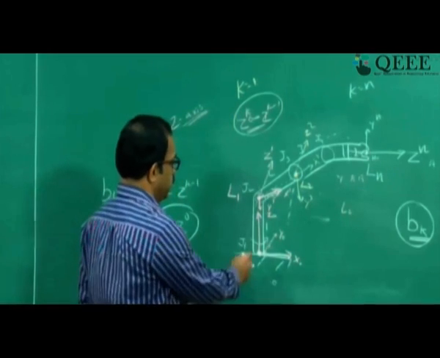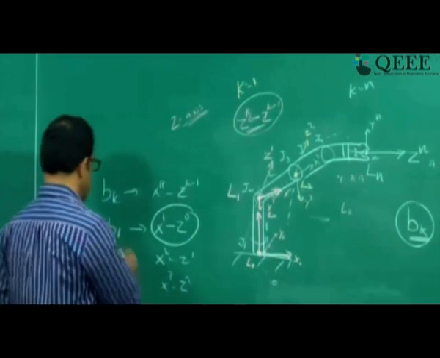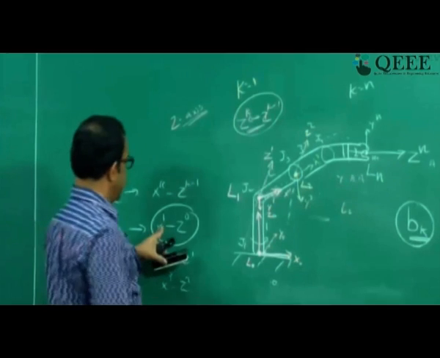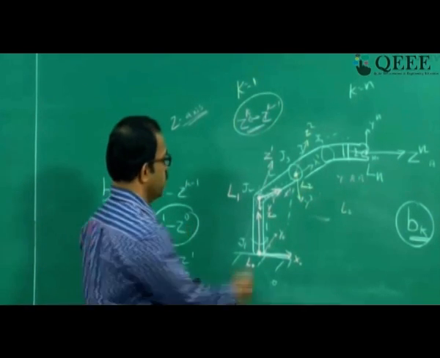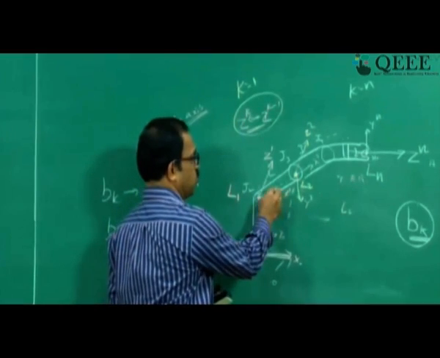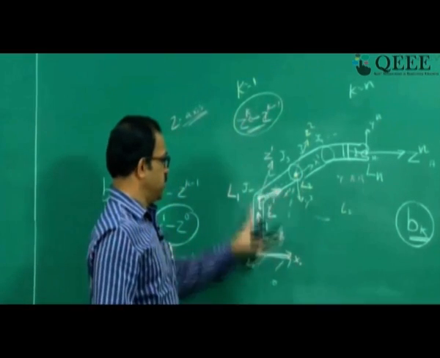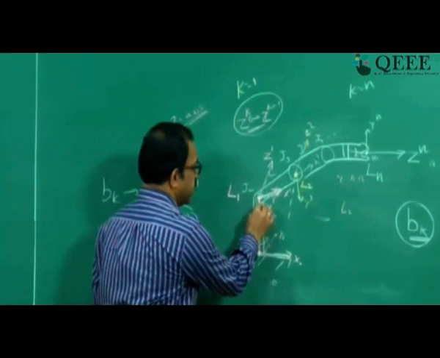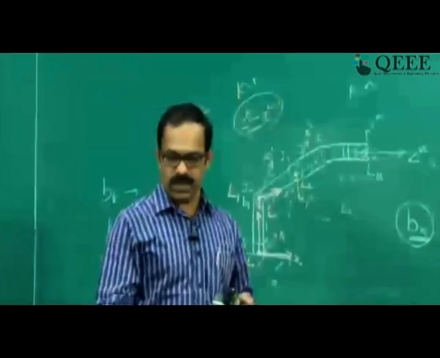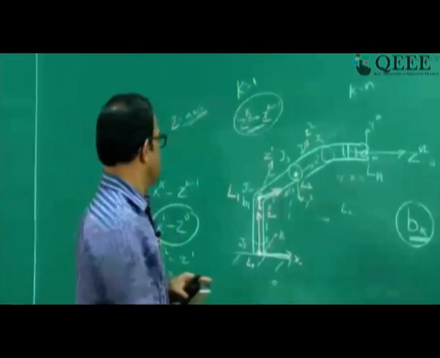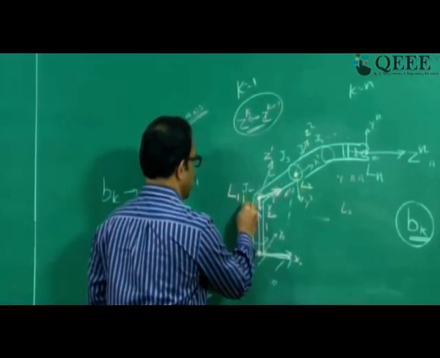Point b1 can be identified as an intersection of x1 and z0. This is the x1 axis, and z0 is the vertical axis. They intersect at this point, and this will be marked as b1.